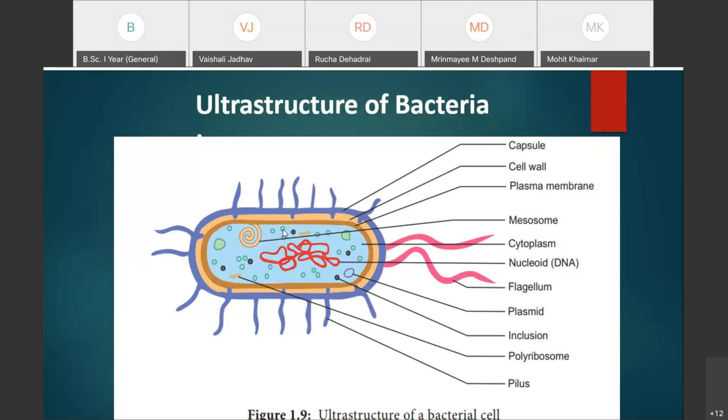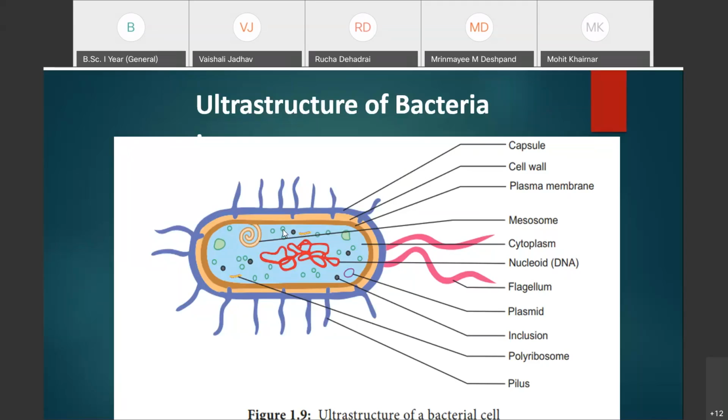It is made up of two subunits. The ribosome in the prokaryote is made up of two subunits, of which one subunit is larger and the other is smaller.